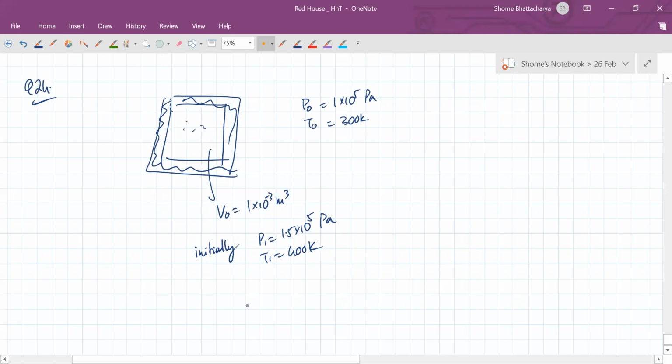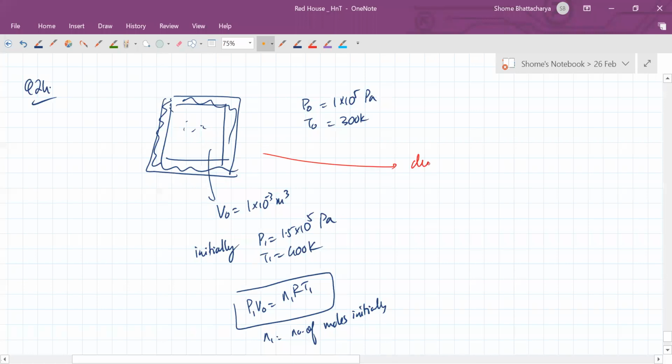So initially we have P1 V naught is equal to N1 R T1, where N1 is the initial number of moles. Now, due to leakage, final number of moles becomes N1 minus some delta N.